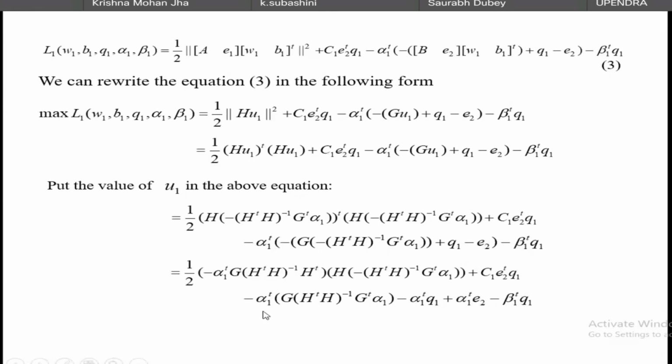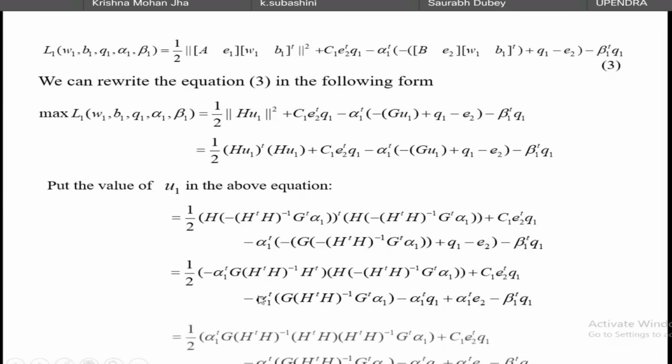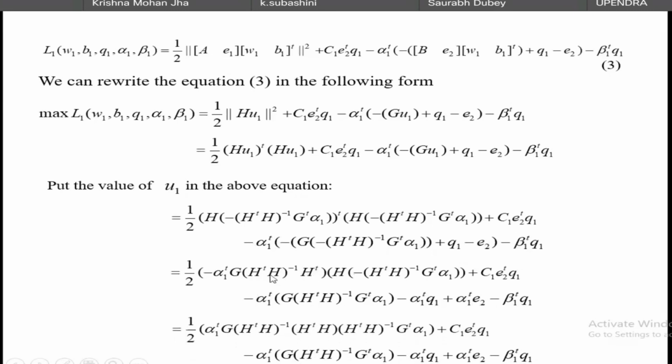Further here again we just multiply these two things, so you will get this. Just notice here this minus is here, minus is here, so this minus minus will be cancelled out. So alpha 1 transpose G H transpose H inverse, and again you can combine this particular term, or write it in this manner.